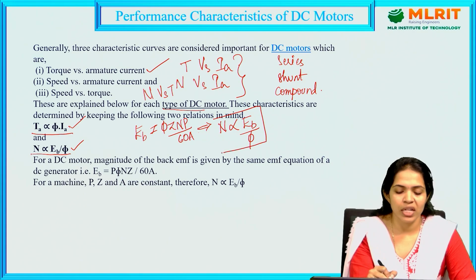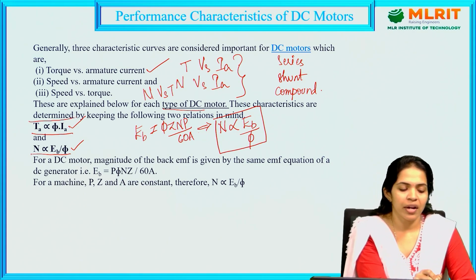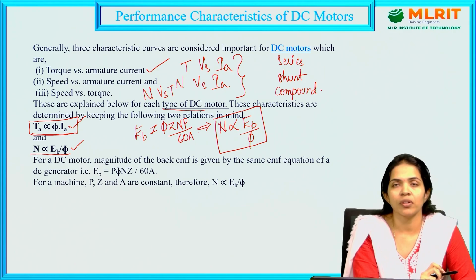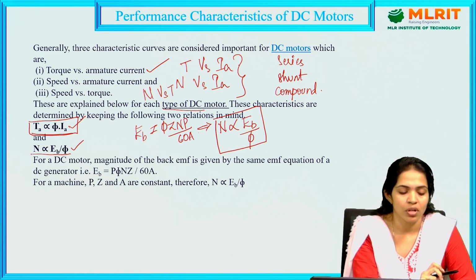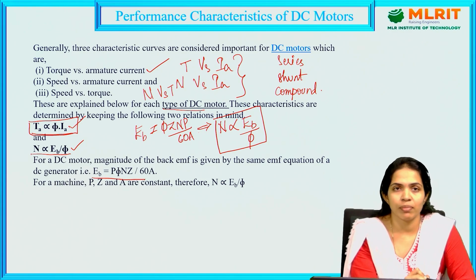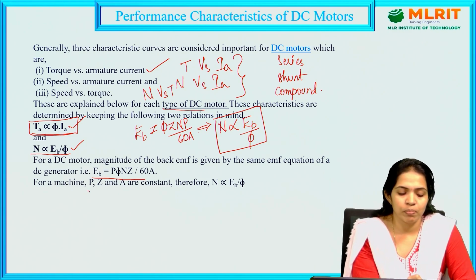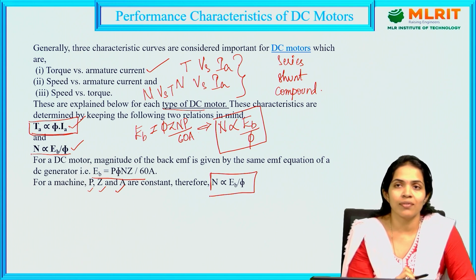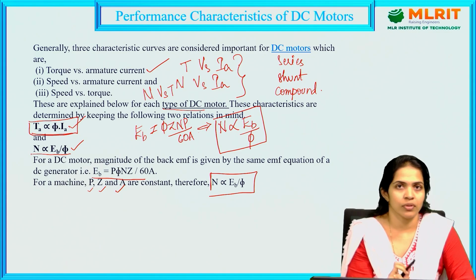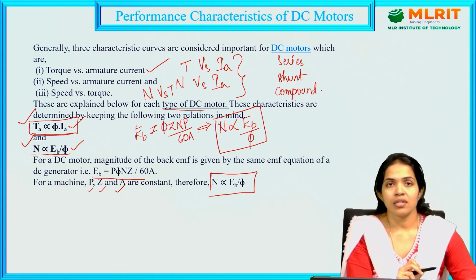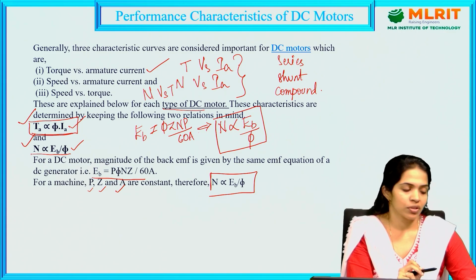For a machine, P, Z and A are constants. That is why the speed is directly proportional to Eb and inversely proportional to the flux per pole. These are the two relations which we need to understand in each and every type of motor.